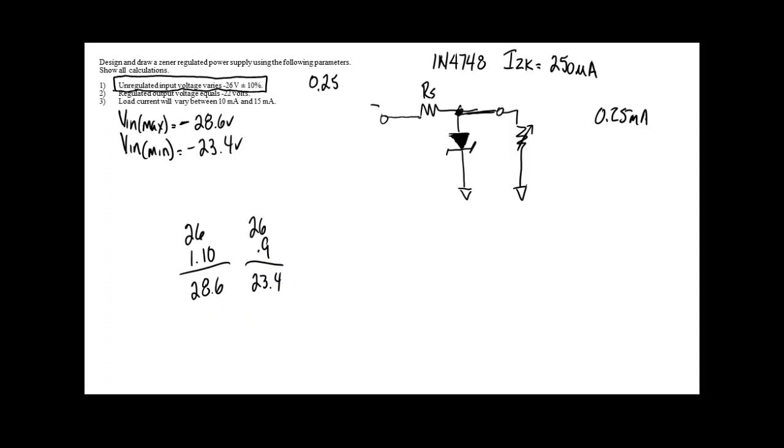That's just another way of doing it without having to find what 10% is and then add it and subtract it, but it's up to you. So there's our minimum and our maximum voltages. Negative voltages. So we're looking for our maximum negative voltage and our minimum negative voltage.